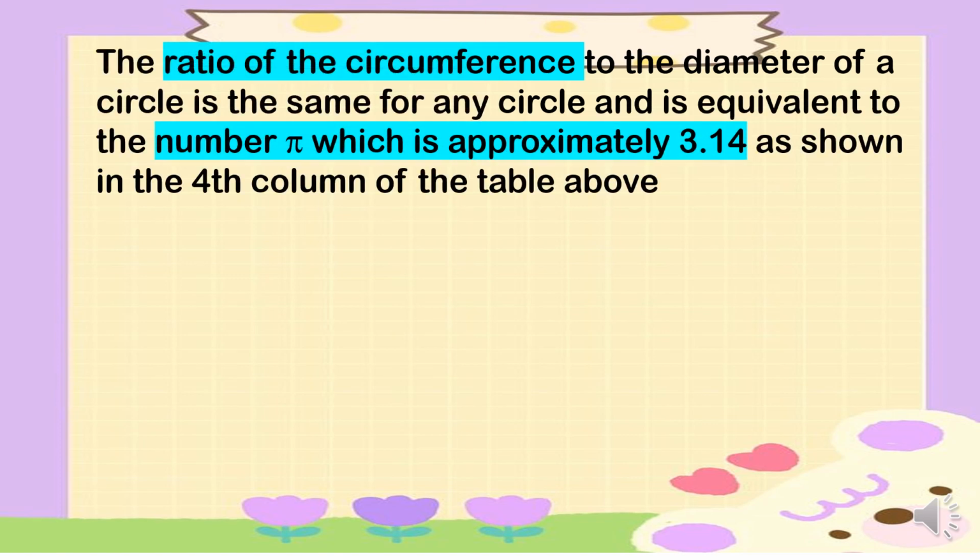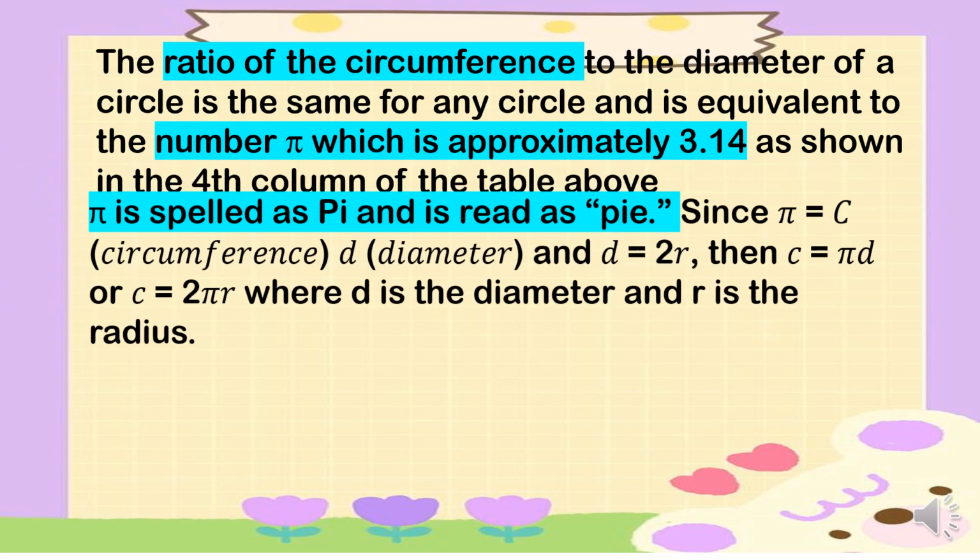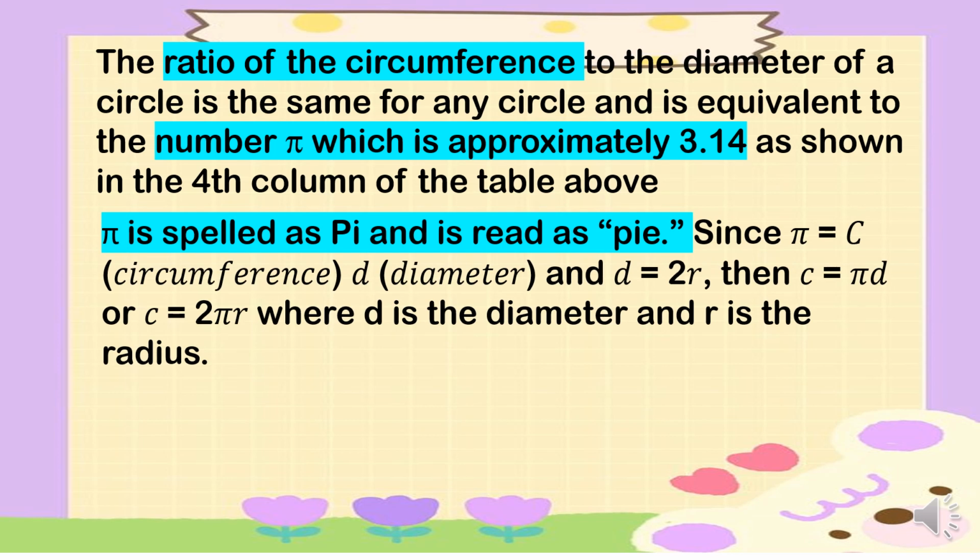The ratio of the circumference to the diameter of a circle is the same for any circle and is equivalent to the number pi, which is approximately 3.14 as shown in the fourth column of the table. So pi is spelled P-I, and is read as pie, P-I-E.